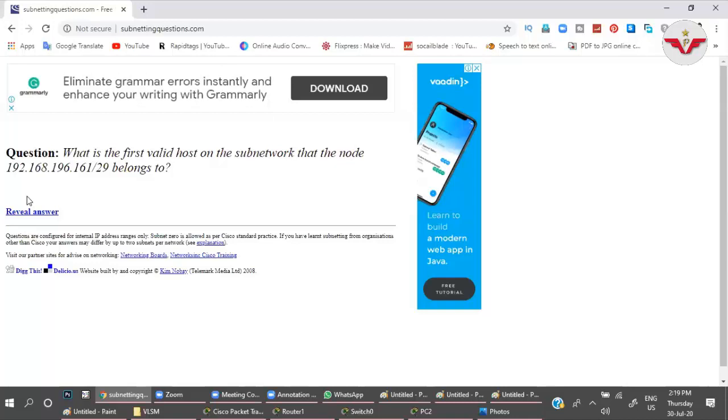161 to 167. Saurav is also typing wrong. The question is asking only for the first valid host. You can say only the first valid host. That is right. But whatever you guys are saying, Saurav and Sri, that is the valid host range.